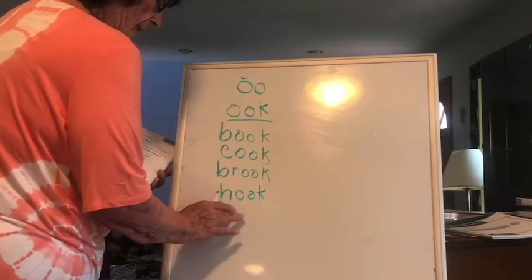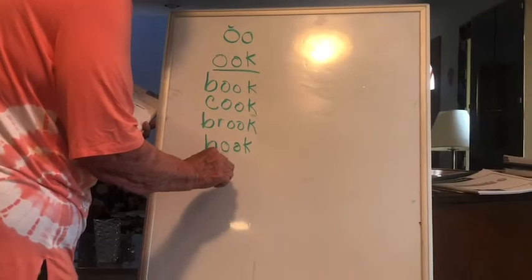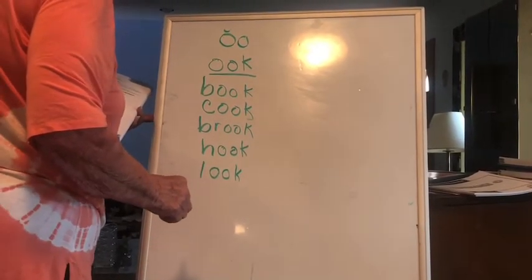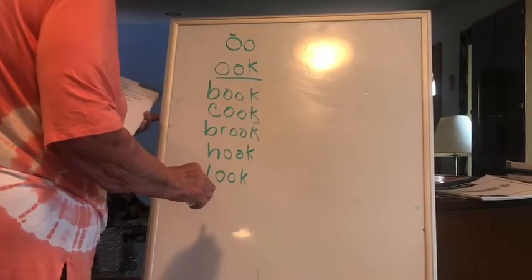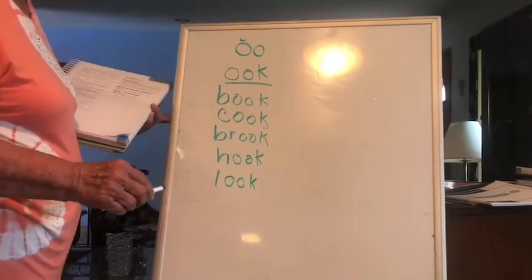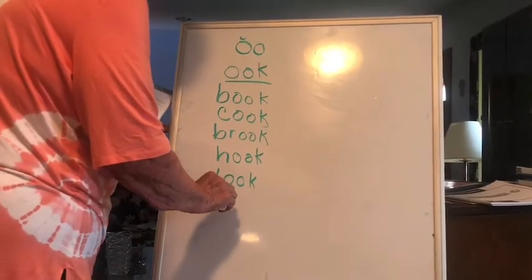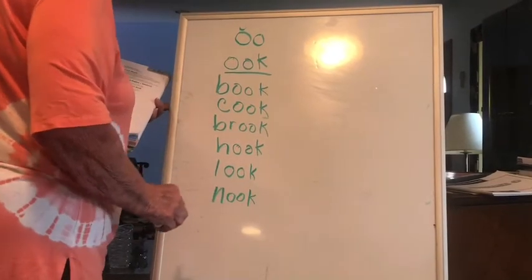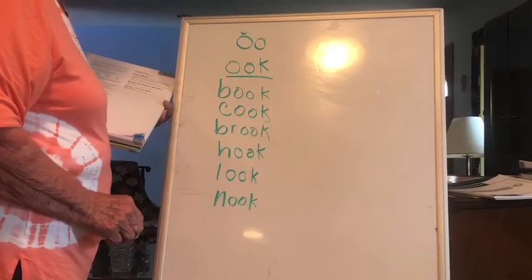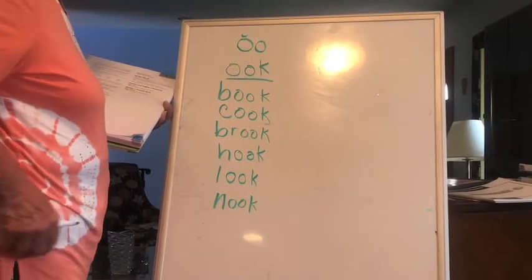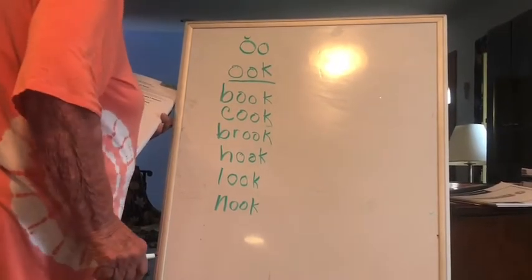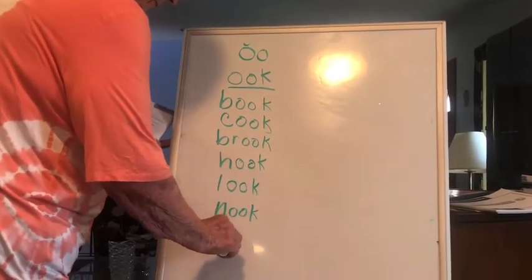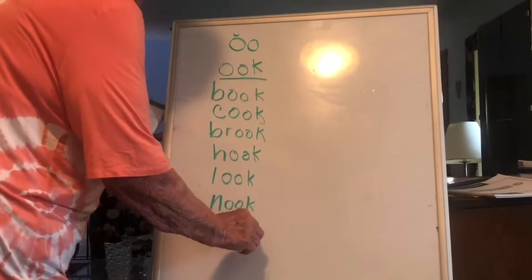I get too far down, I get a little sloppy. Anything else? Nook. How do you spell nook? A nook is a little corner. I would put down rook, but I'm not sure it's spelled R-O-O-K, when you play chess. Maybe somebody could look it up. Or took? I took. Anything else, Miss Pam?